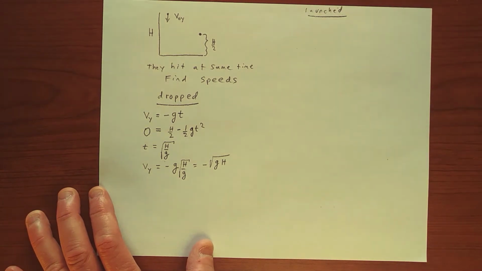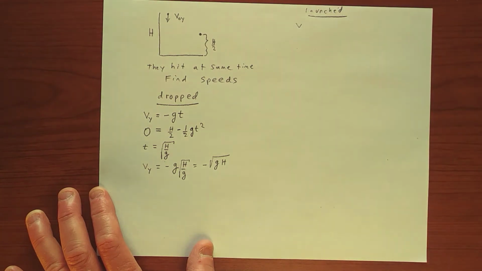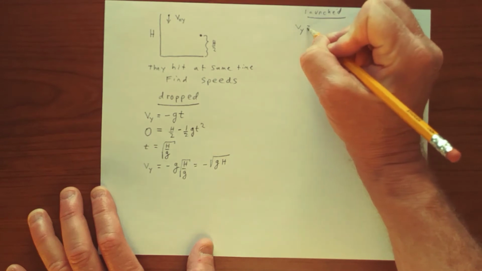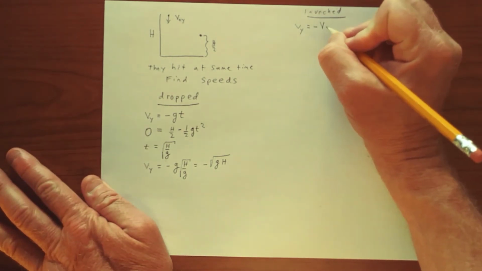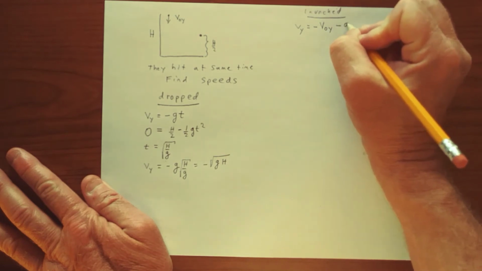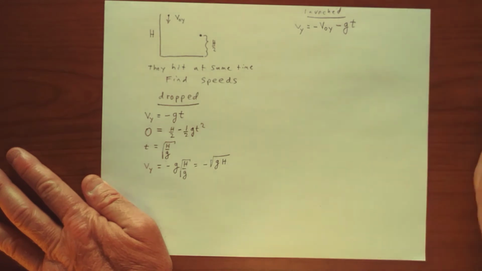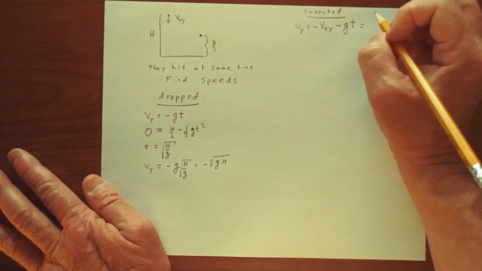For the ball that's launched straight down at some unknown speed, what do the equations look like? Well, we want the speed at the bottom, so we want the Vy, just like we do here, but that looks a little different now. We have minus v naught y minus gt, because there's the initial component. But we know the time, so we know it's going to hit at the same time.